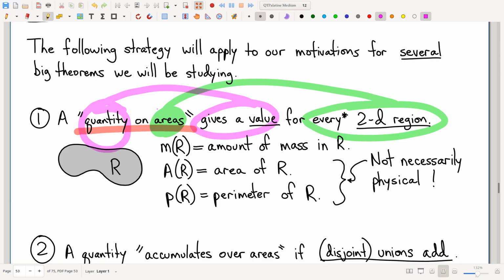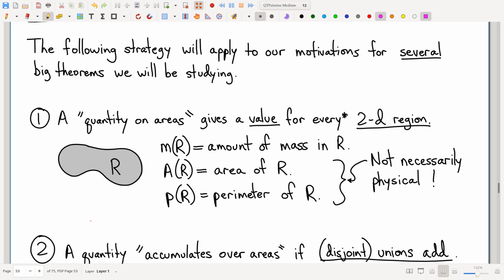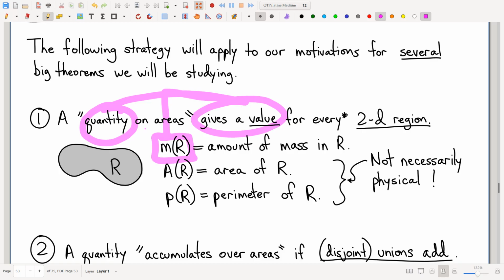So, no big deal. A couple of easy examples. A quantity called mass. You give me a region, I can ask, okay, how much mass is in that region? You give me a different region, we get a different amount of mass. Bigger region, probably more mass. Smaller region, probably less mass. But you give me a region, there's a corresponding mass.